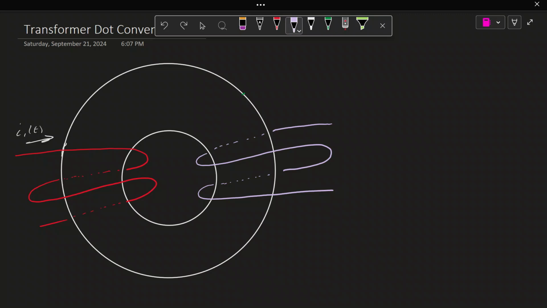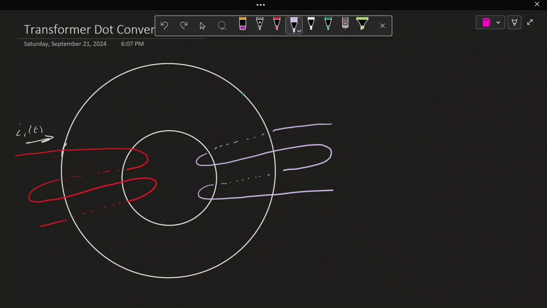How do we do that? The way we do this is we use the right-hand rule. So if you get your right hand, the first alternating current on the primary wire is going to be represented by your fingers. So not your thumb. Your fingers will go into the core, and imagine you're holding the core.